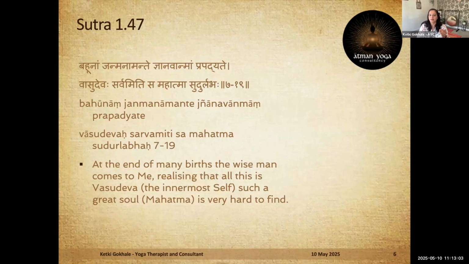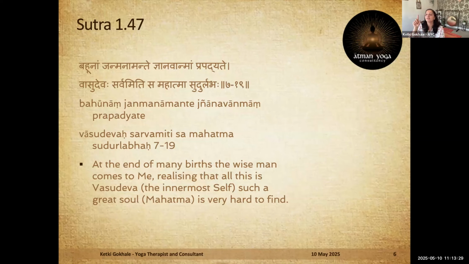Before that, what even Shri Krishna mentions in Bhagavad Gita is: Bahunam Janmanam Ante Jnanavan Mam Prapadyate, Vasudeva Sarvamiti Sa Mahatma Sudurlabaha. It means at the end of many births, the wise man comes to me. Who is a wise man?